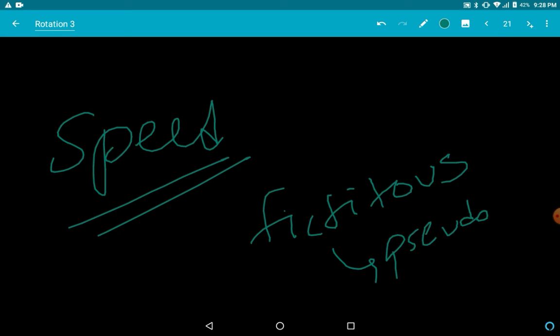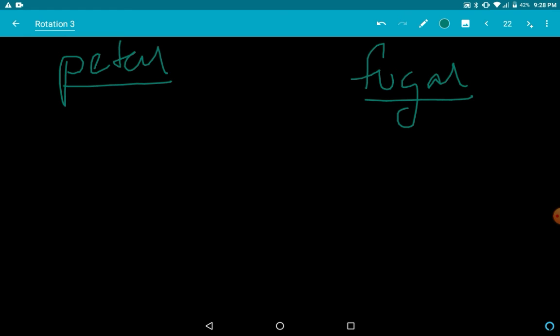Now go to question number 14: state two differences between centripetal and centrifugal forces. Centrifugal force is not a real force, it is a pseudo force. Don't write pseudo in your exam, just write fictitious.